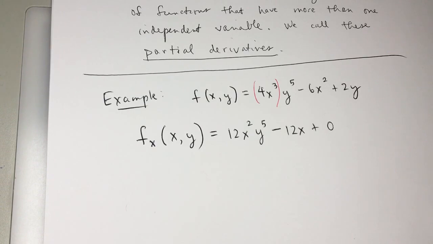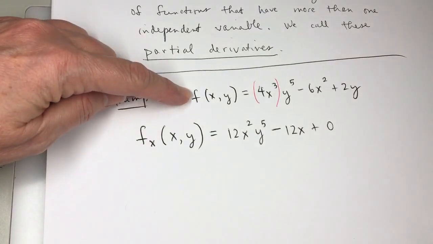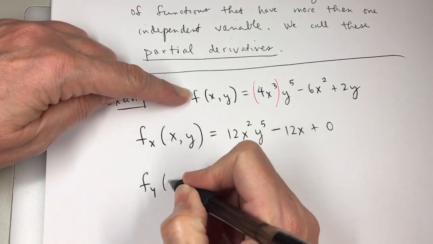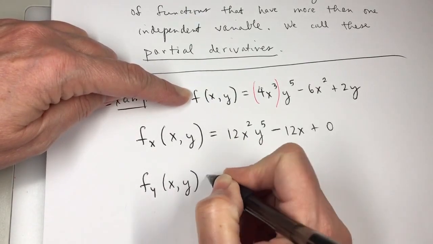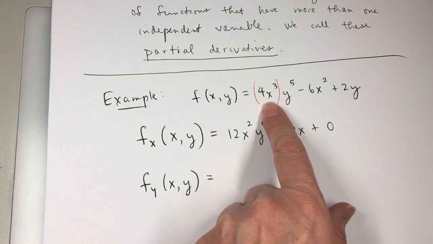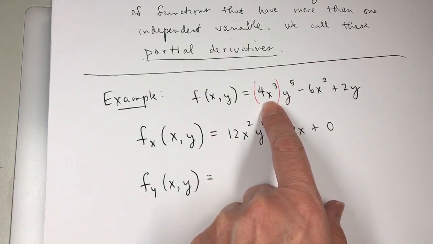Let's do the partial derivative of this with respect to y. So I write f sub y of x, y. Now this time x is a constant. So this little part, I got 4x cubed, that's a constant.